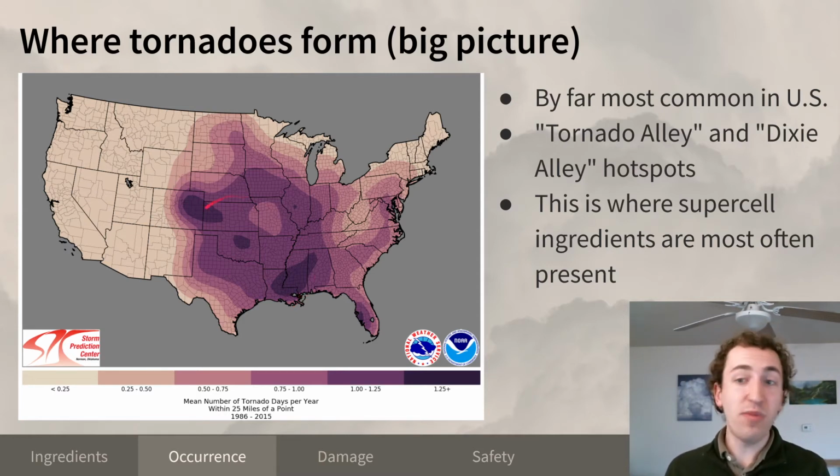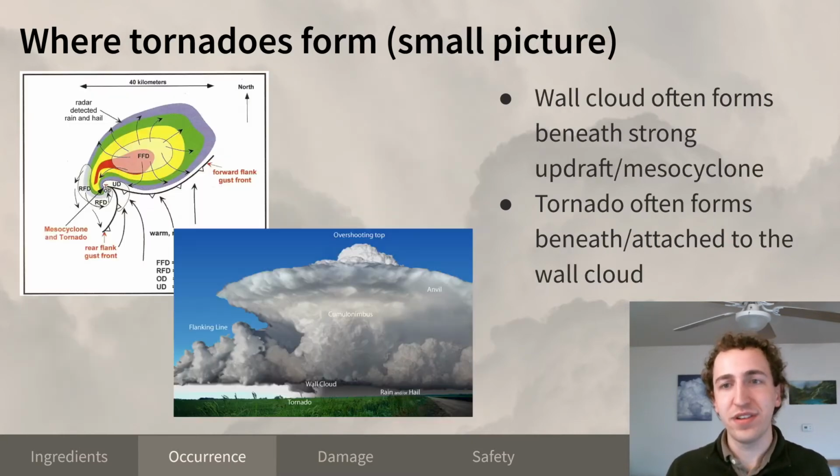And you can almost consider this just to be one central hotspot. But the idea is that these are where the ingredients for intense supercells across the US tend to form with the right shear to be conducive for the vorticity generation and downdrafts needed for forming a tornado.